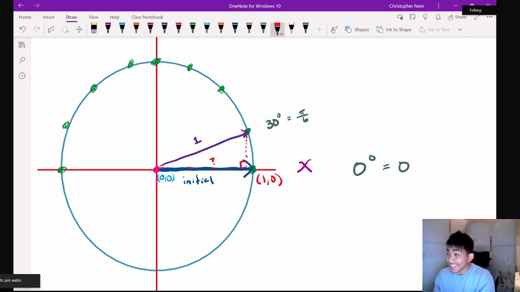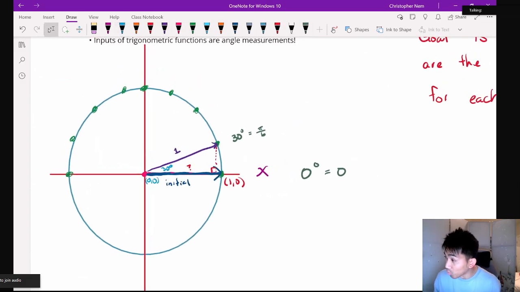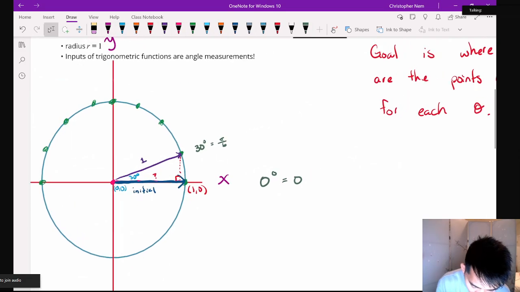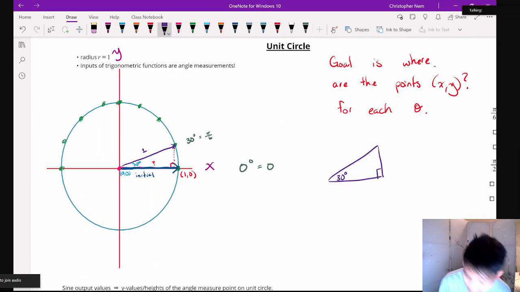Well, the key is that it is a right triangle. So now I know this angle measurement is 30 degrees. Boom. So I'm going to pull this right triangle outside and work with it. I have a right triangle where the angle between the initial side and the terminal side is 30 degrees.